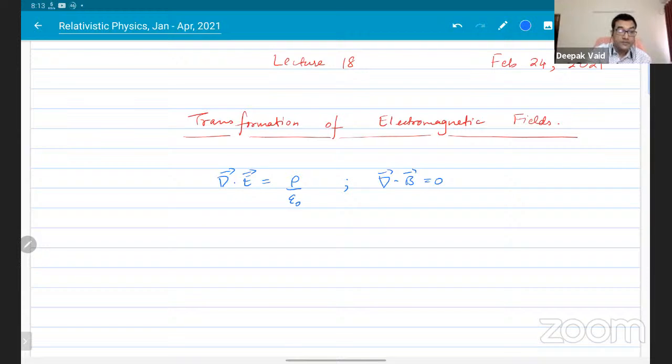These are known as Maxwell's equations, and these are the equations in differential form. You can also write down the same equations in integral form, right?